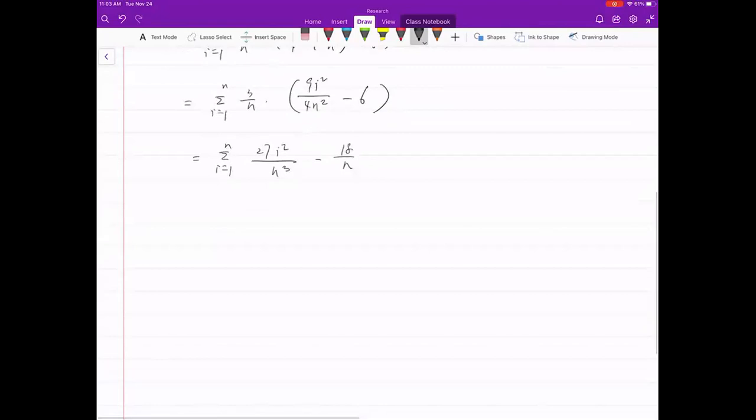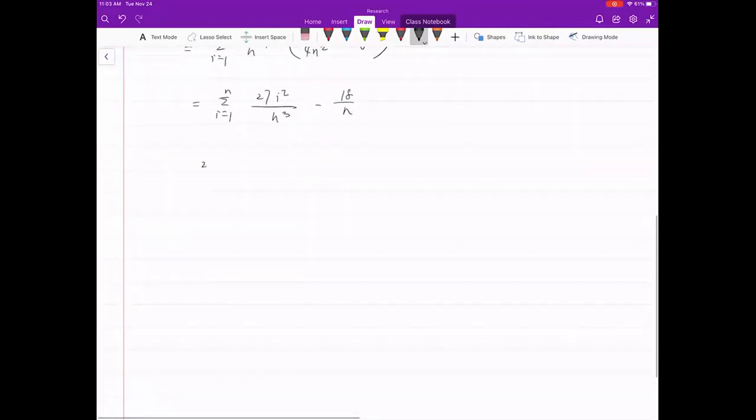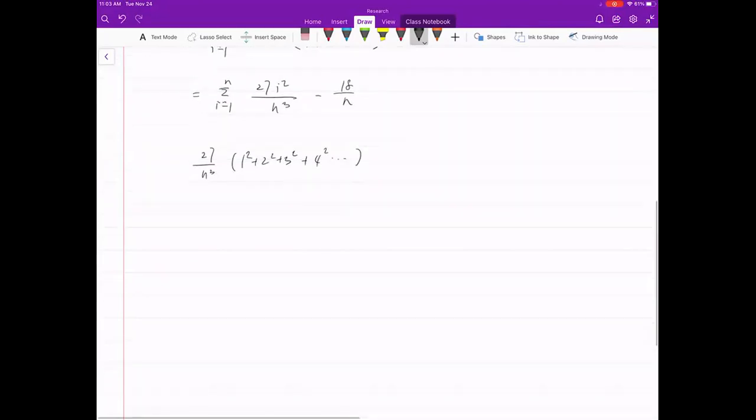So now if we want to solve this, what we need to do is take the sum and use the formula Weber provided. The first one is 27 over n cubed times the sum of 1 squared plus 2 squared plus 3 squared plus 4 squared. That's your i squared. Now check Weber.